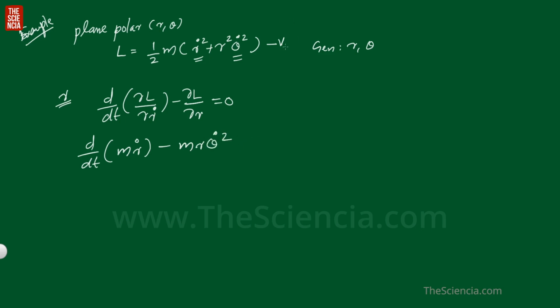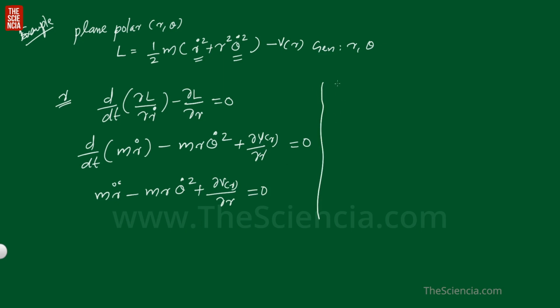Suppose this V is a function of r only, then we get an additional term plus ∂V/∂r equal to 0. That is m r double dot minus m r theta dot square plus ∂V(r)/∂r equal to 0. This is the equation of motion.